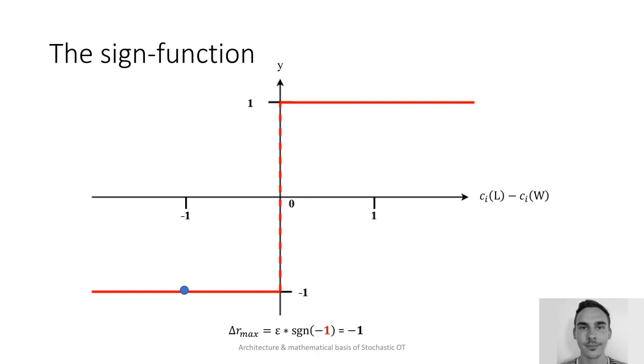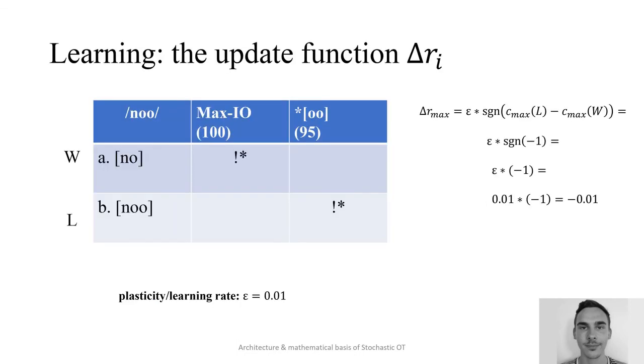If we look at the update function again, we see that we inserted -1 into the sign function, represented by the blue point here. -1 is negative, and for this reason, sign of -1 equals -1. Replacing the sign part of the function, we end up with epsilon times -1.